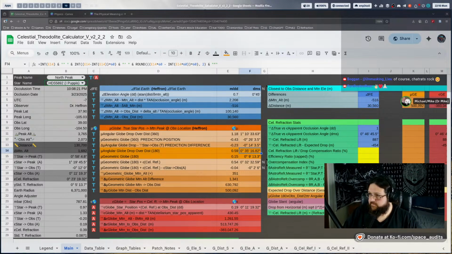And that will give you a common mode error that's common to all measurements, regardless of method. And then you can calculate the arctangent of rise minus that deviation over run, and that will give you the true angle that Stellarium reports as 58.